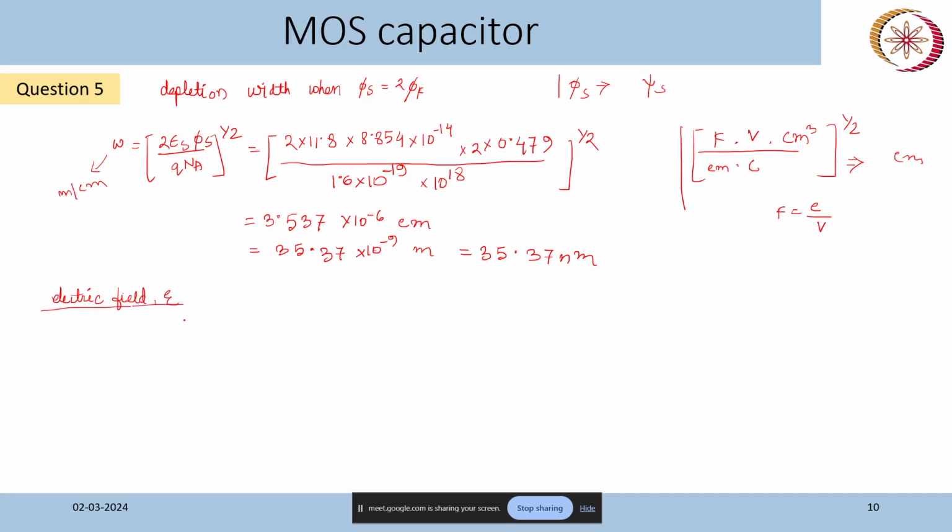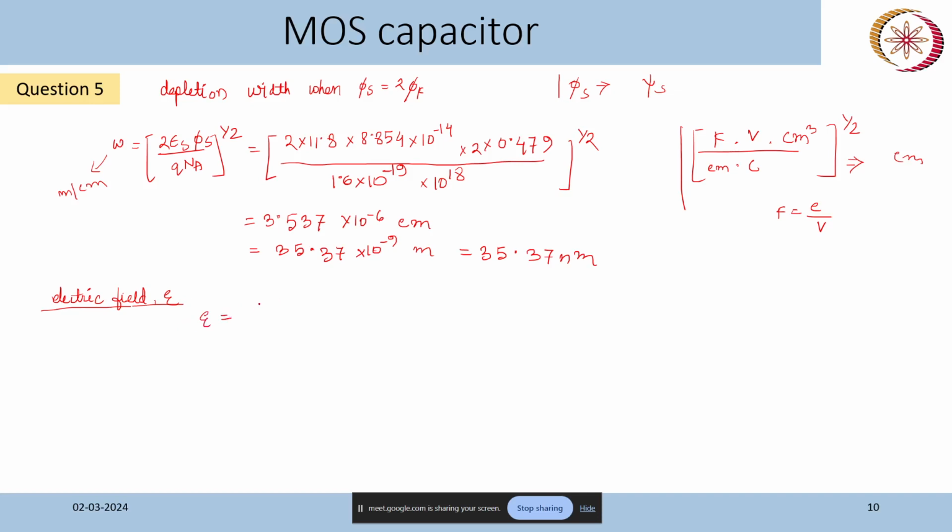Again, the expression for electric field. So I'm using the formula from the one-sided PN junction, P plus N or N plus P. You can check the formula. I'm just writing it here.